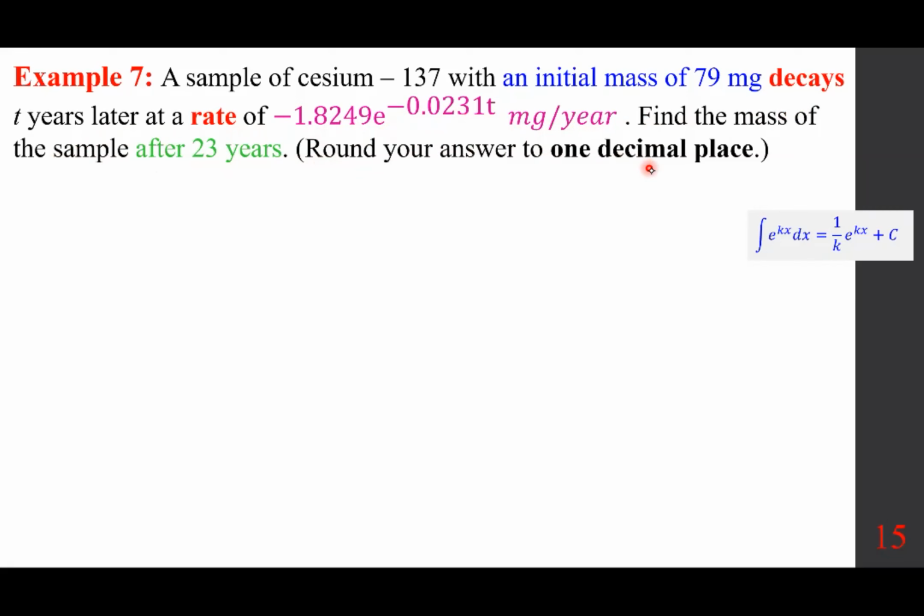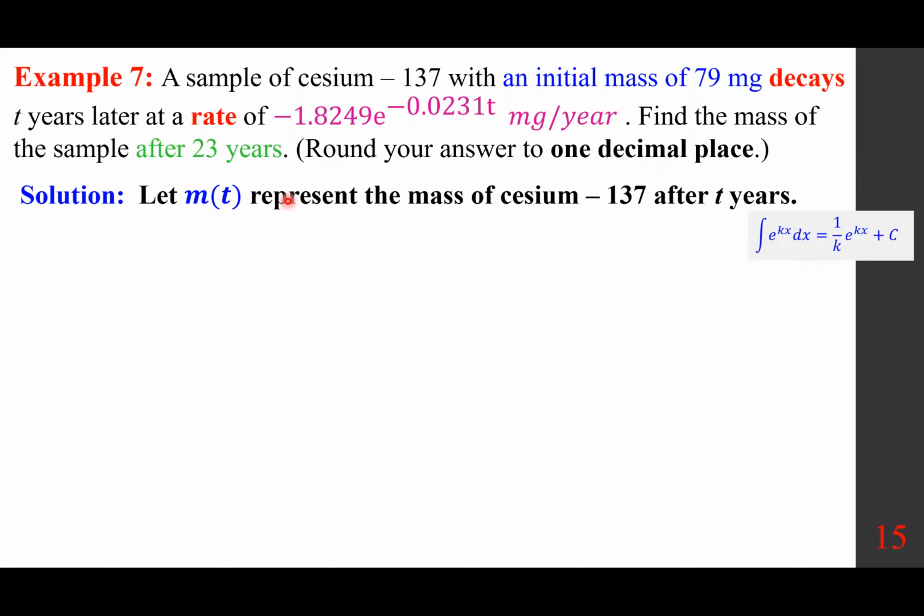It's important to understand what's given. First, since we want the mass, we are going to let m of t represent the mass that we are interested in. And so if we are interested in finding m of t, what is this? The rate. This is dm dt, since we called it m of t.